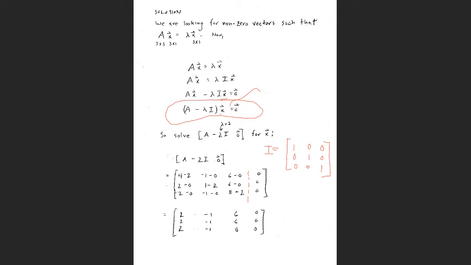So when I have A minus 2 times the identity matrix, that's going to then equal what you see here, what I'm circling. Please let me know if you have any questions on that. Okay, and so this is my system.